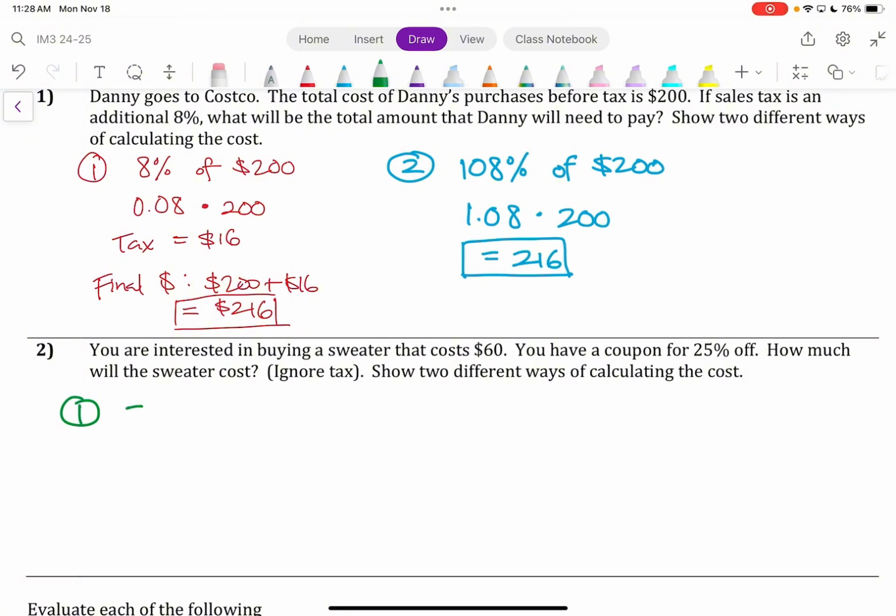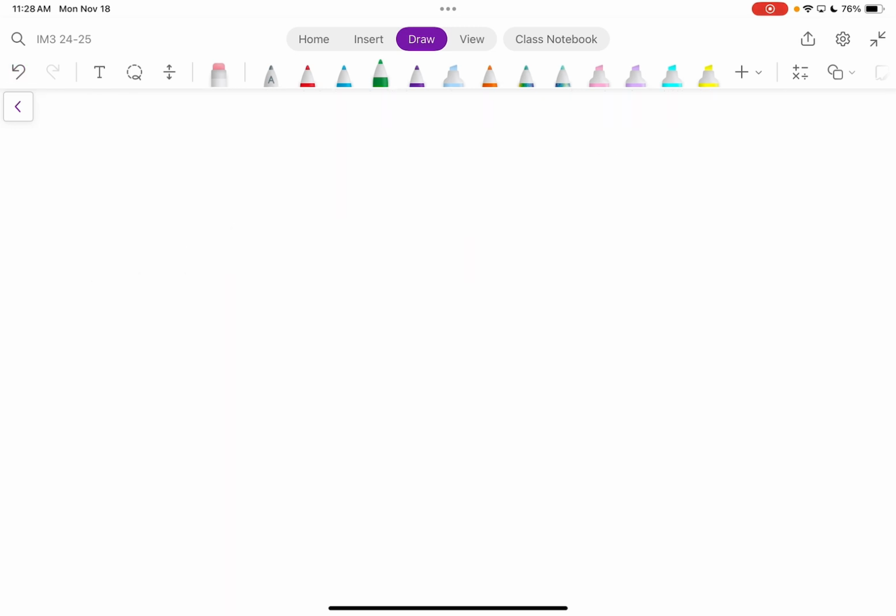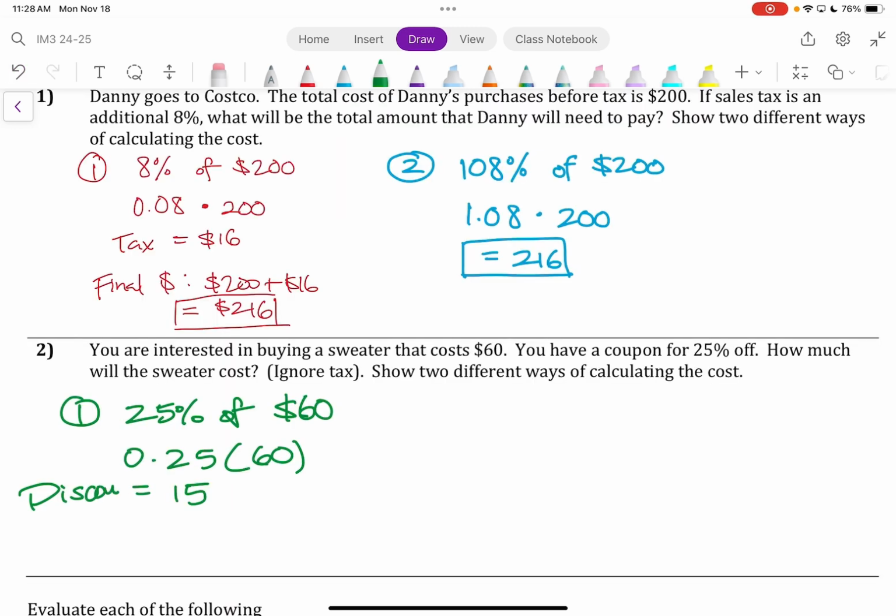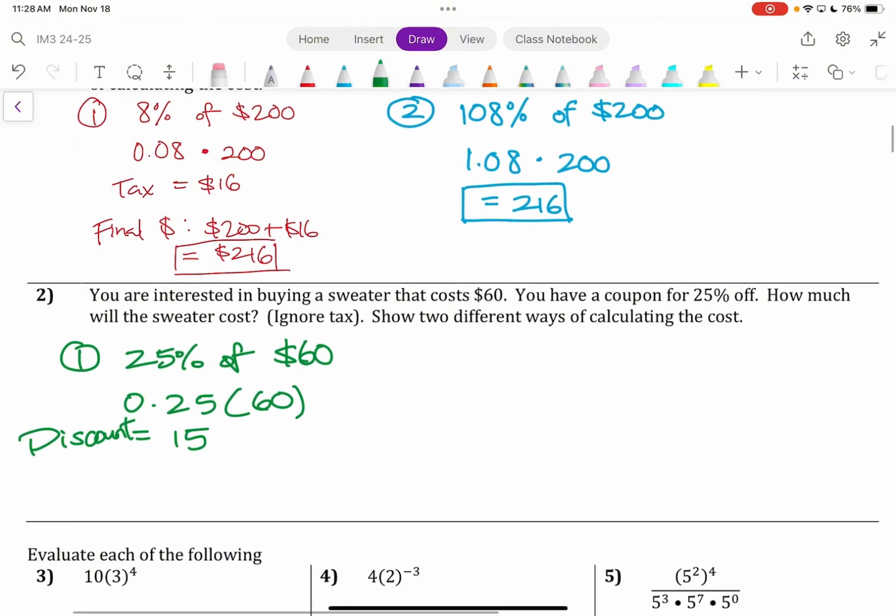So it's figuring out, what is 25% of 60? Well, 25% of 60 would be 0.25 times 60, which equals 15. So 15 represents the discount. The discount is $15.